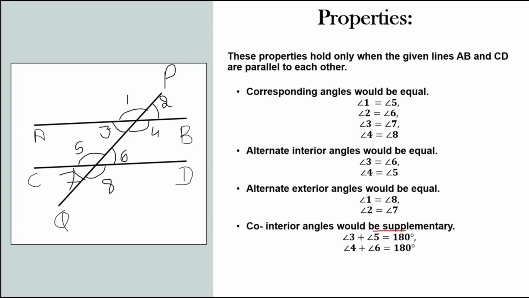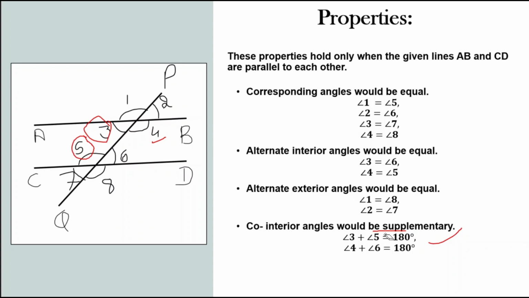Co-interior angles, like 3 is co-interior to 5, if the lines are parallel, their sum would be 180 degrees. Supplementary means those two angles which add up to 180 degrees. So if lines are parallel, co-interior angles, their sum would be 180 degrees. 4 plus 6 equals 180.